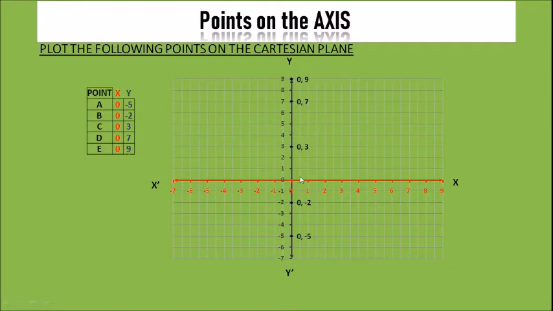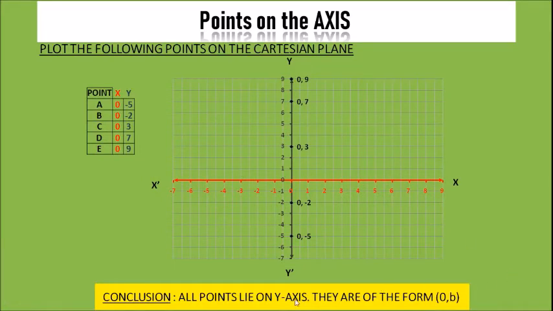After plotting these points, again we observe something which is common to them, that all of them lie on y-axis. So we can now generalize the nature of any point that will lie on y-axis will have the abscissa as 0 and the ordinate could be any real number.